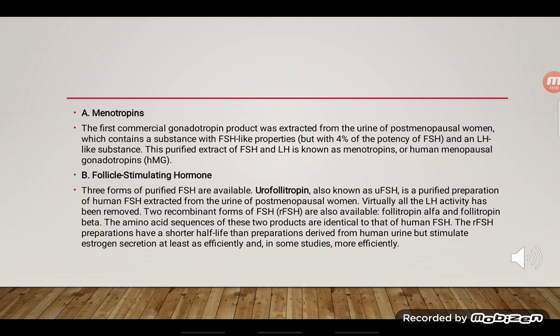They have the same chemical structure as human FSH. The recombinant form has a shorter half-life than the one purified from human urine, but it is as effective or maybe more efficient than the one extracted from the urine of postmenopausal women.